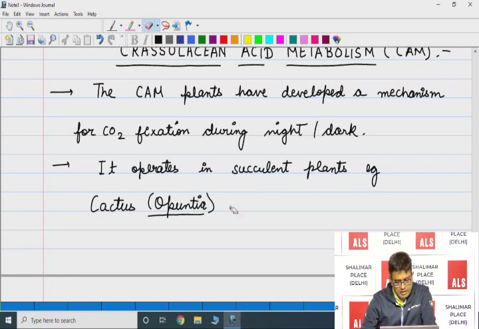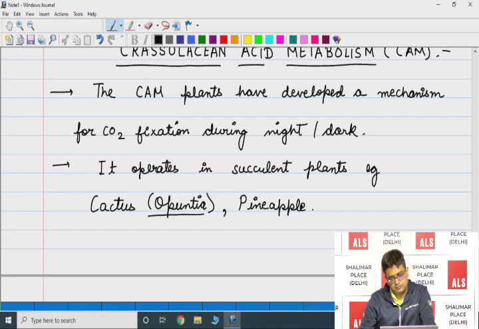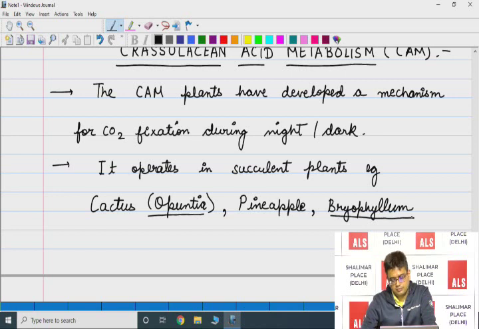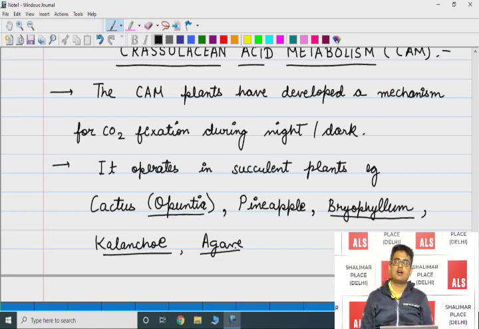Then you have pineapple, then you have Bryophyllum, Kalanchoe, Sedum, Agave americana, the monocarpic plant which produces flowers in about 100 years.